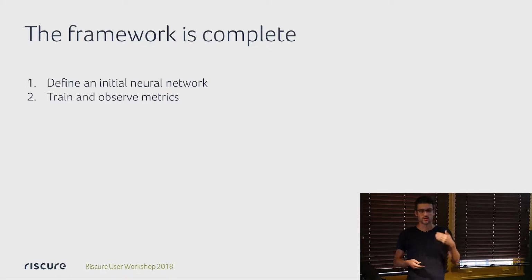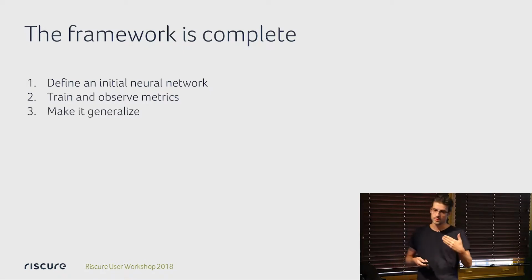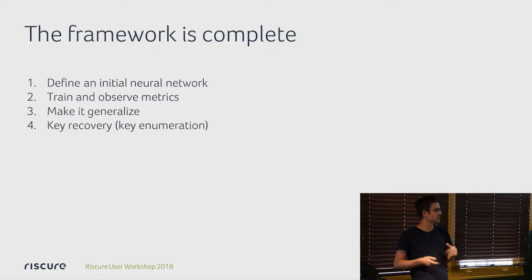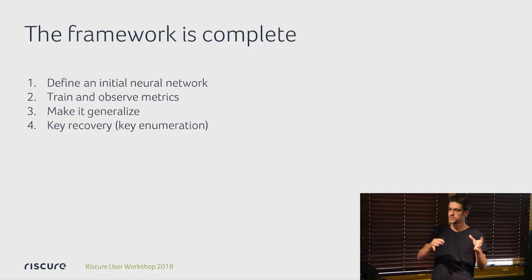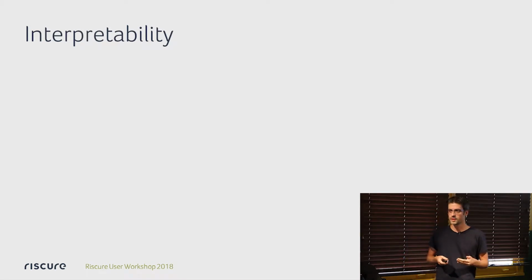We know how to do the training, to observe metrics, and we know what to do to make it generalize, for validation and testing, and we know how to combine the deep learning results into a key recovery, key enumeration part. So this is all done. But what is not done yet is the interpretability of the model, of the neural network. This part is still an open question.